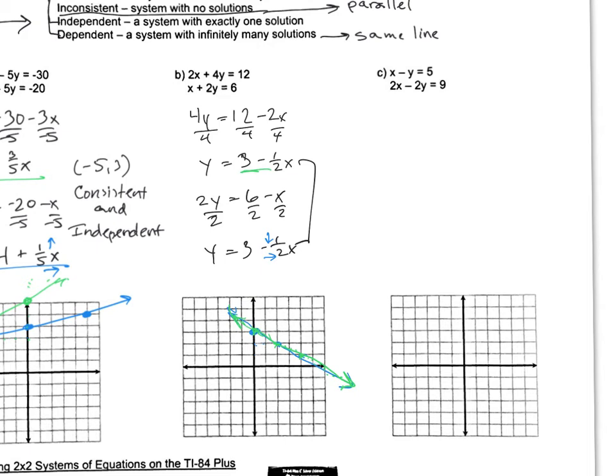If it has an infinite amount of solutions, that makes it consistent. So this is the same line, and we have consistent, and because it has infinitely many solutions, it's dependent.